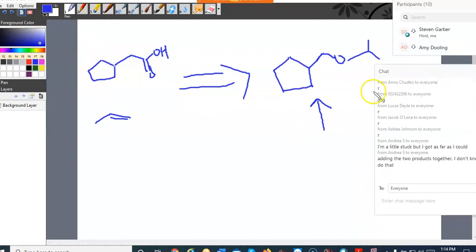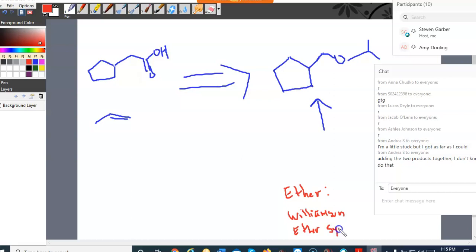Notice we have an ether. Ether is the functional group. The trick is always to look at the functional group, put ether down here, and try to find which reaction makes that functional group. The only reaction we learned was the Williamson ether synthesis. Does that sound familiar? It was in the last chapter.